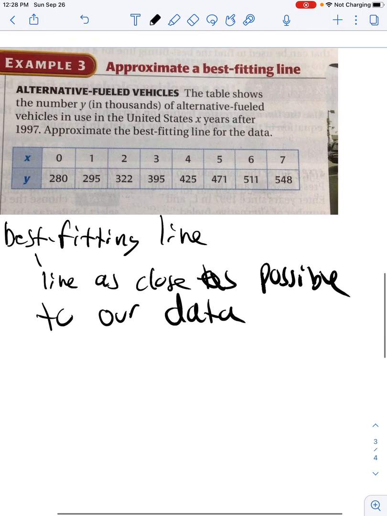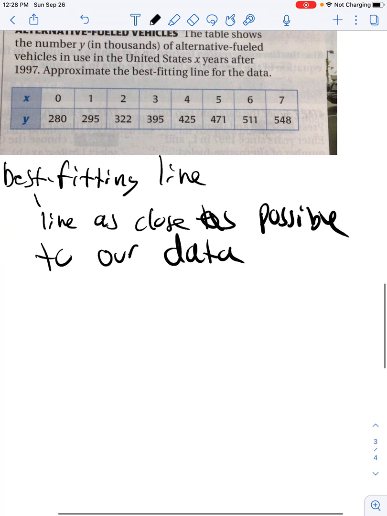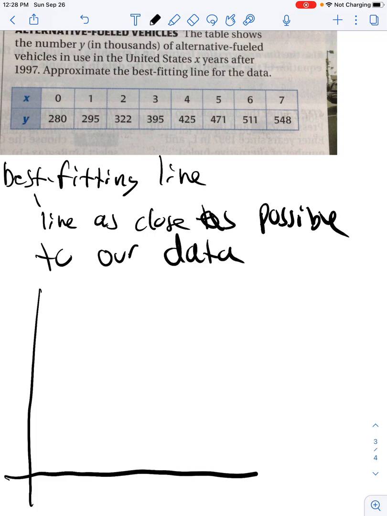All right, so if I look at this example, I've got this table, and it shows the number of alternative fueled vehicles in the United States, x years after 1997. Approximate the line of best fit. So again, first thing I'm going to do is sketch out my data.